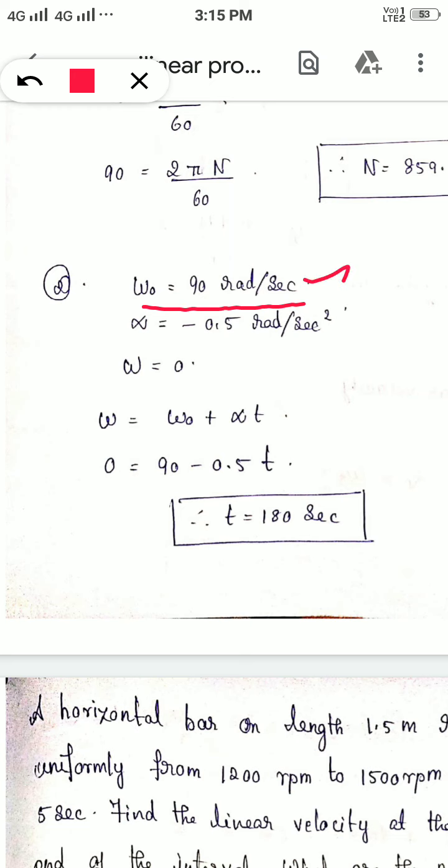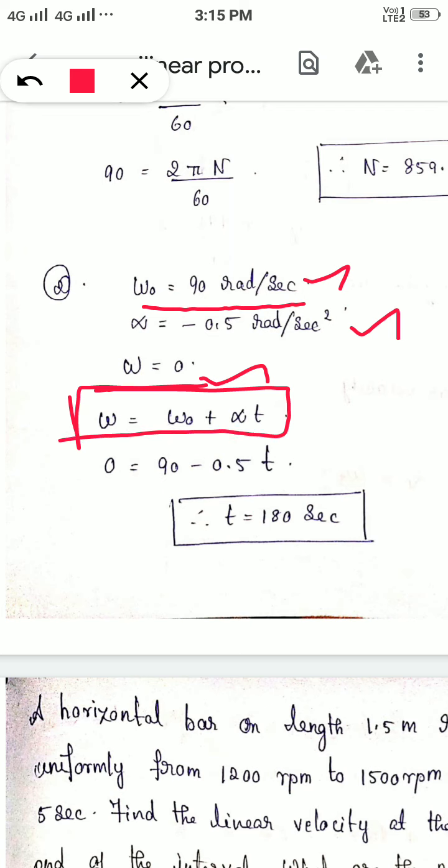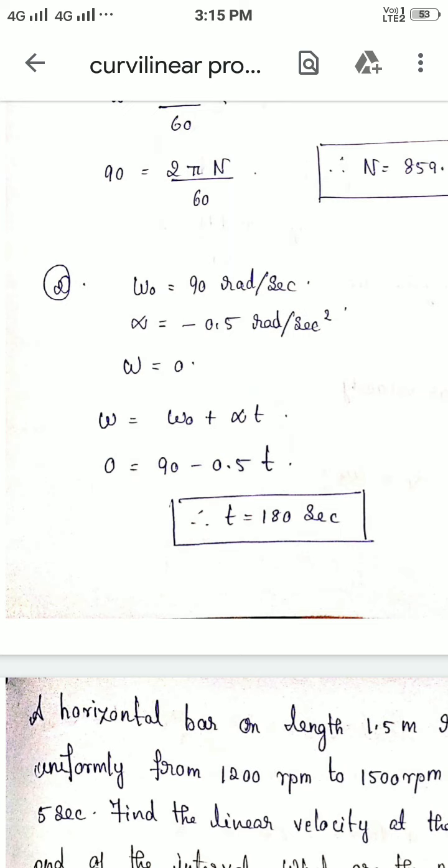This is your initial, and they had given retardation, so I take the acceleration as minus 0.5 and the final should be 0. That means from 90 it has to come to rest. Substitute all three values in the same equation and get the time t. So this is your answer, t is equal to 180 seconds.